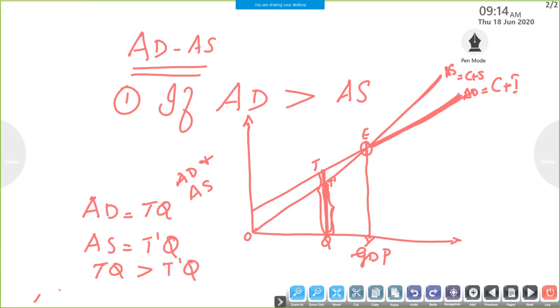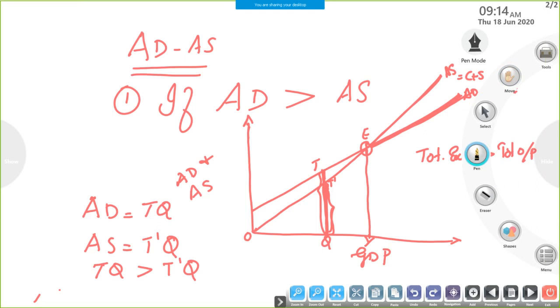Your wish, you can label. So what is happening here? Total demand or total expenditure is greater than total output.